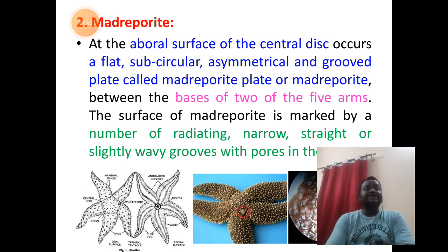The second important structure that we find on the aboral surface of the body of the sea star is the Madreporite. We call it porite because it is an opening. On the aboral surface on the central disc, nearer to the opening of the anus and between any 2 arms of the body, there is a flat, almost subcircular, asymmetrical groove or plate structure.